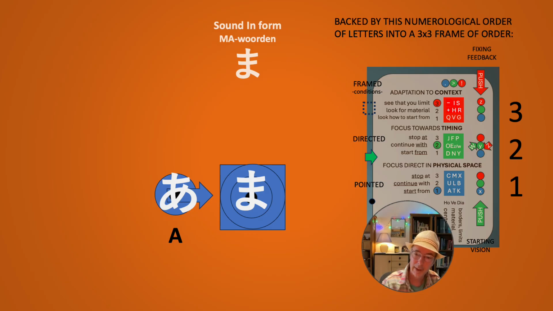What do I really see? If I look into my system here, where is the M? The A is on the first level. The M is on the third level, so it includes the area of materialization and it concludes the border. So it is seeing the things that are exceeding, and that's what the M is.